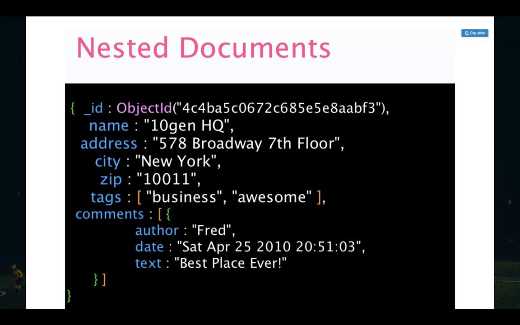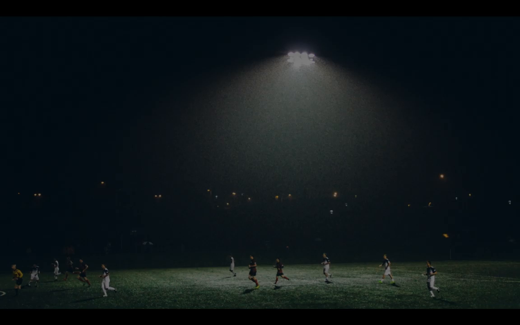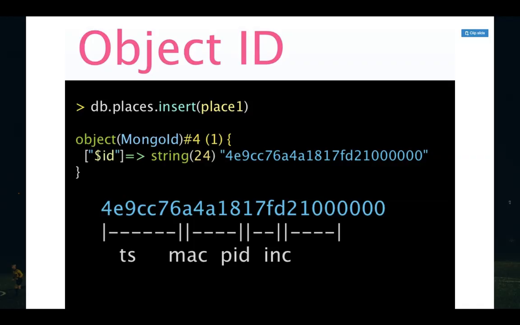In this nested object, you can see we also have a comments array which contains the details of author, date, and the text. I was talking about object ID.